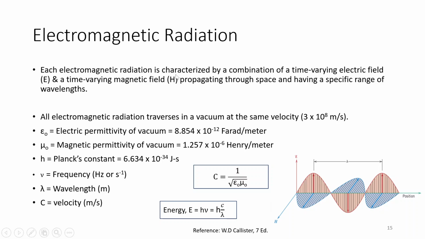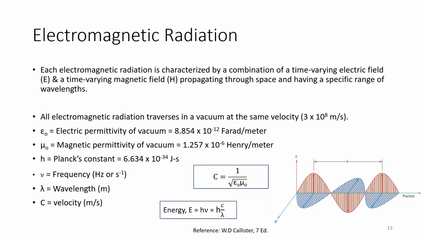Mu naught is the magnetic permeability of vacuum, 1.257 times 10 to the power minus 6 Henry per meter. h is Planck's constant, 6.634 times 10 to the power minus 34 joule second. Nu is the frequency, in hertz or per second. Lambda is wavelength in meter. C is velocity, meter per second.